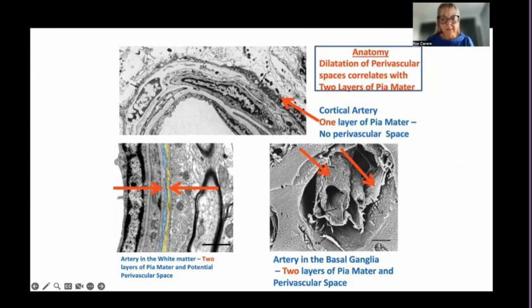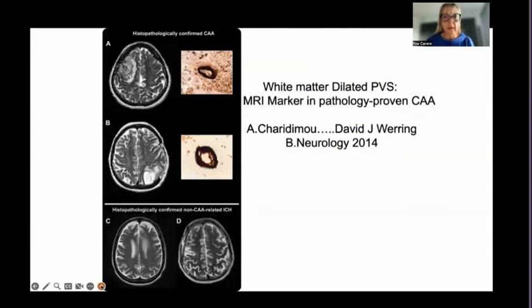However, in the white matter and in the basal ganglia, there are two layers of arachnoid, and therefore there is a potential perivascular space. In the gray matter, there isn't.